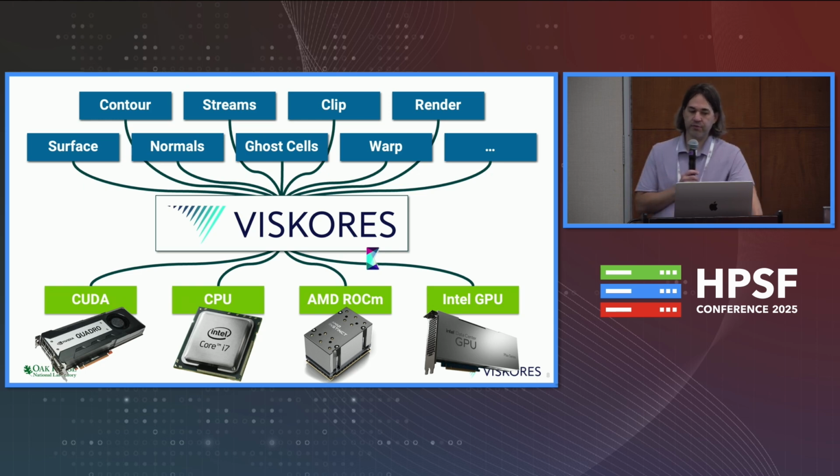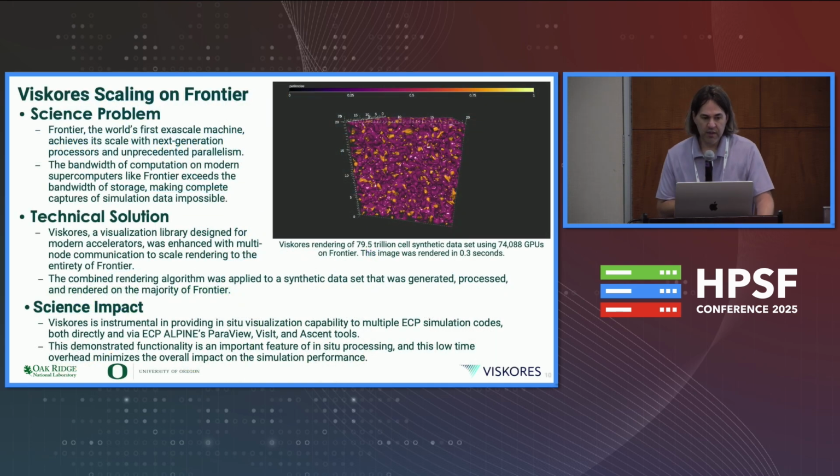We wanted to create a set of abstractions that allows you to implement a visualization algorithm once, and then Viskores will automatically port it, portably and performantly, across all these different types of platforms. We do leverage Kokkos, particularly for the newer platforms, but it is something that we've been doing from the very start. And we've had a lot of success with this model.